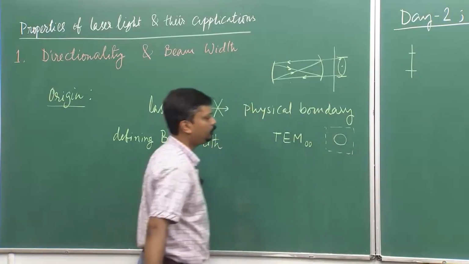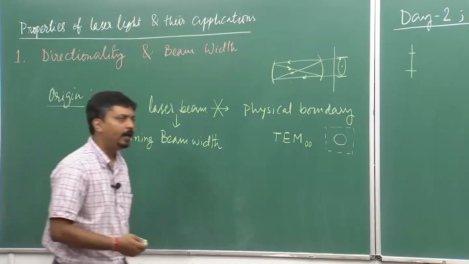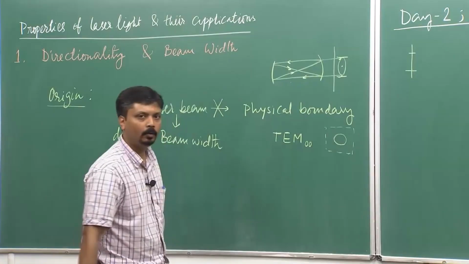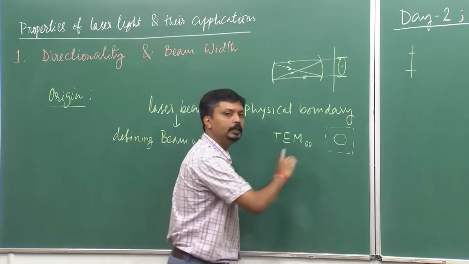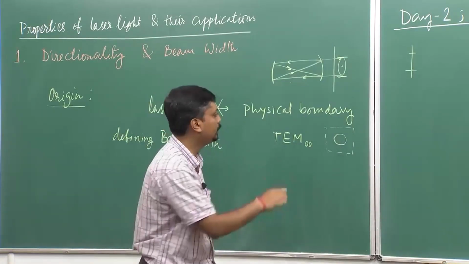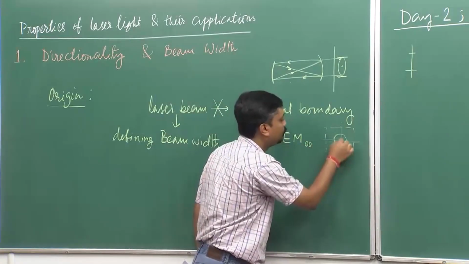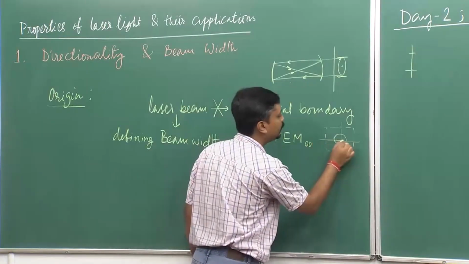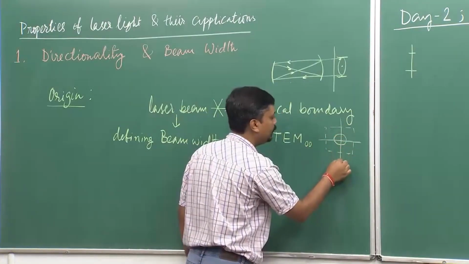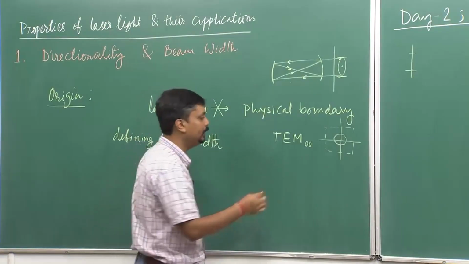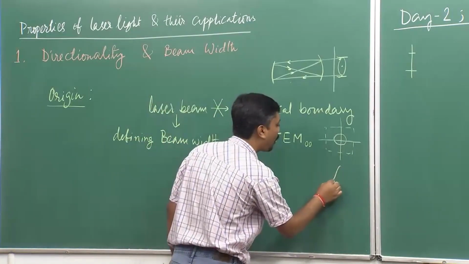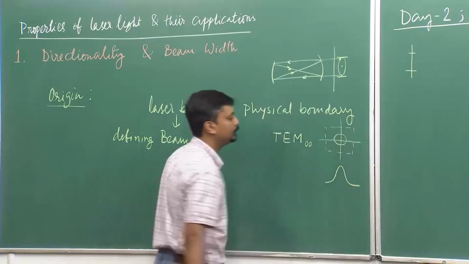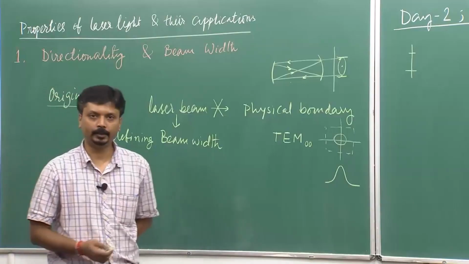Now, what will you find out if you look at the intensity distribution pattern here, okay. One thing, of course, there is no node going across this, but if you take this cross section, or this cross section, and plot the respective intensity, you will see something like this, pretty much like a Gaussian.